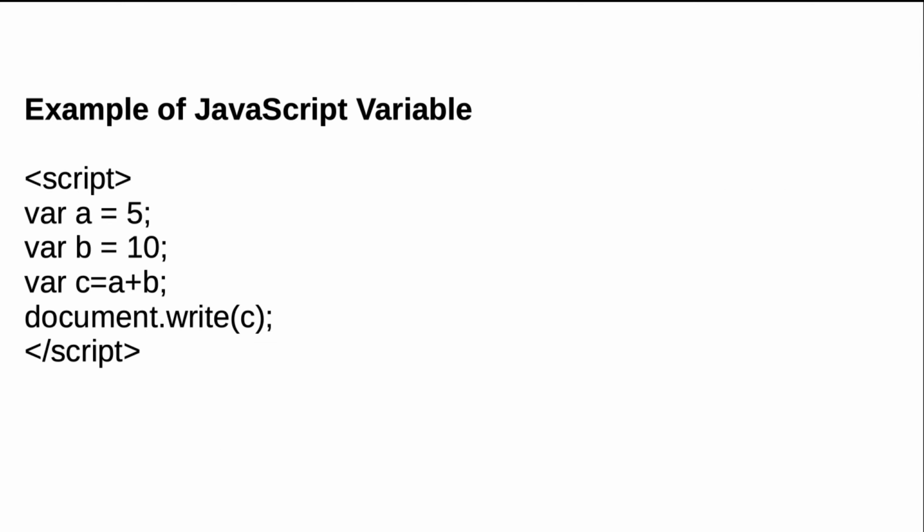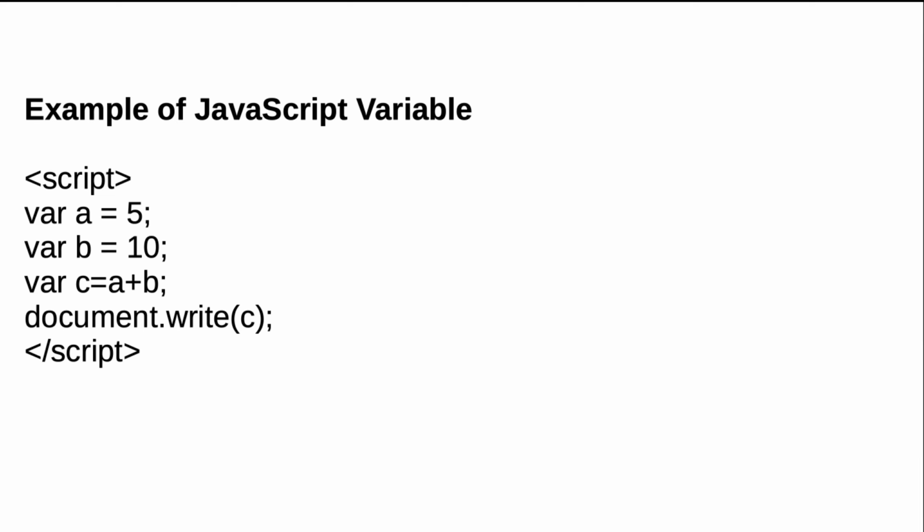So here is the first example of a JavaScript variable. Here we start the code with the script tag, and in between that we use var as a keyword, and a is the variable name, equal is the assignment operator, and 5 is the value of the variable. So we can declare three values.